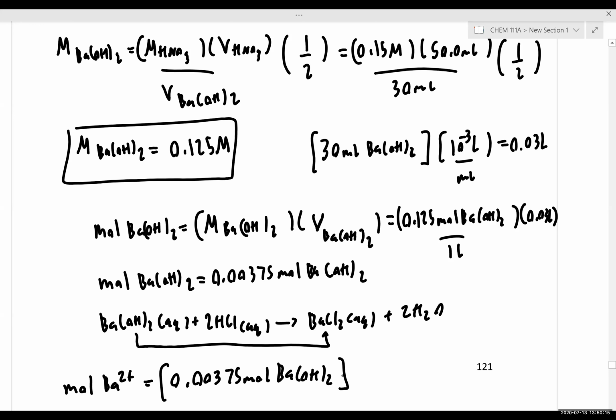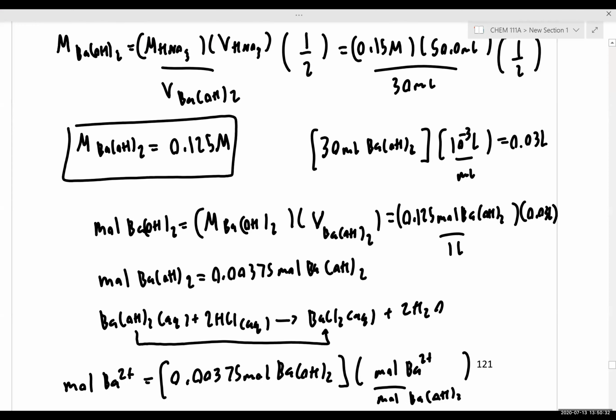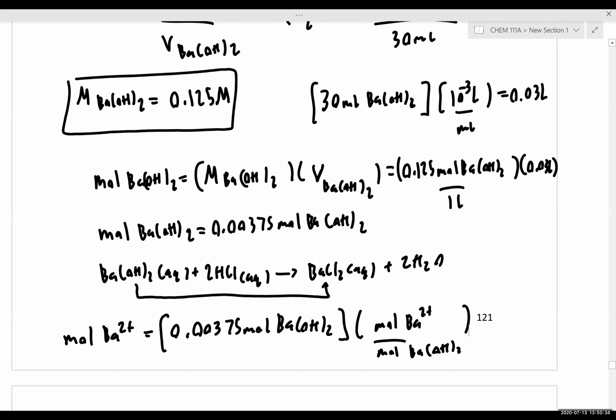And now my question is, how many moles of barium 2+ are present per mole of barium hydroxide? What is our mole to mole ratio in this case?